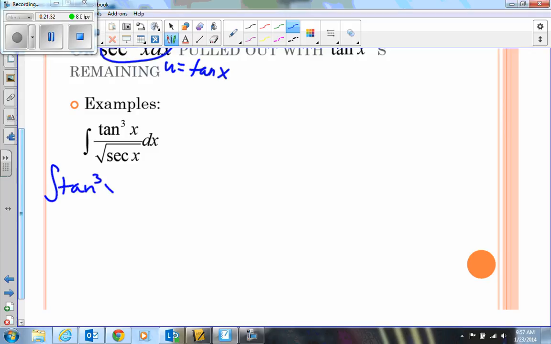I like to just do it like this. So we can get a tan pulled out, and get the rest of that in terms of secant. But if I get a tan pulled out, what do I need with it? So let's get a secant and a tan pulled out for our du part.